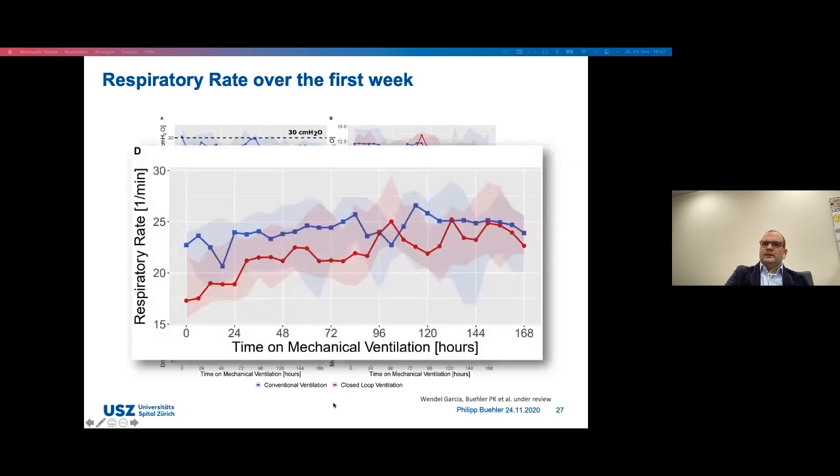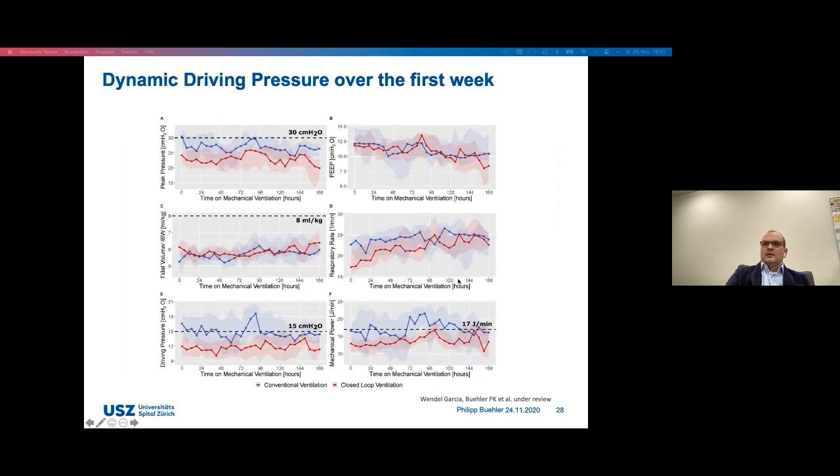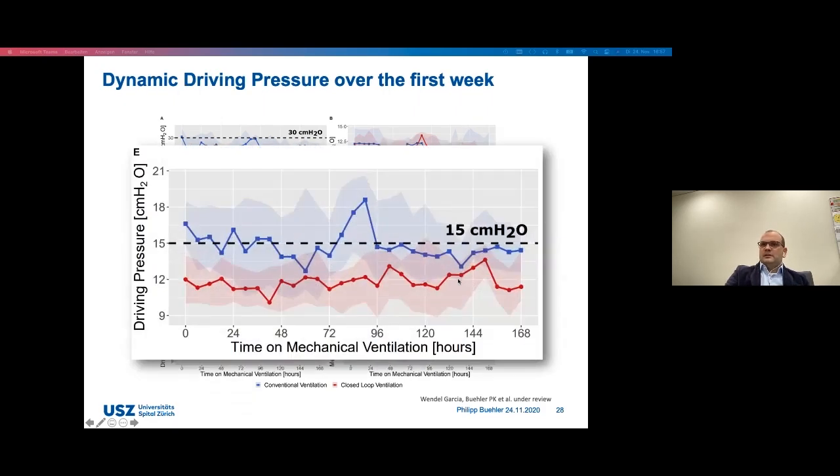And you see it especially in the respiratory rate. It was superior in lung protective ventilation in the closed loop ventilation. Another example was the driving pressure, which was significantly improved in the closed loop ventilation.